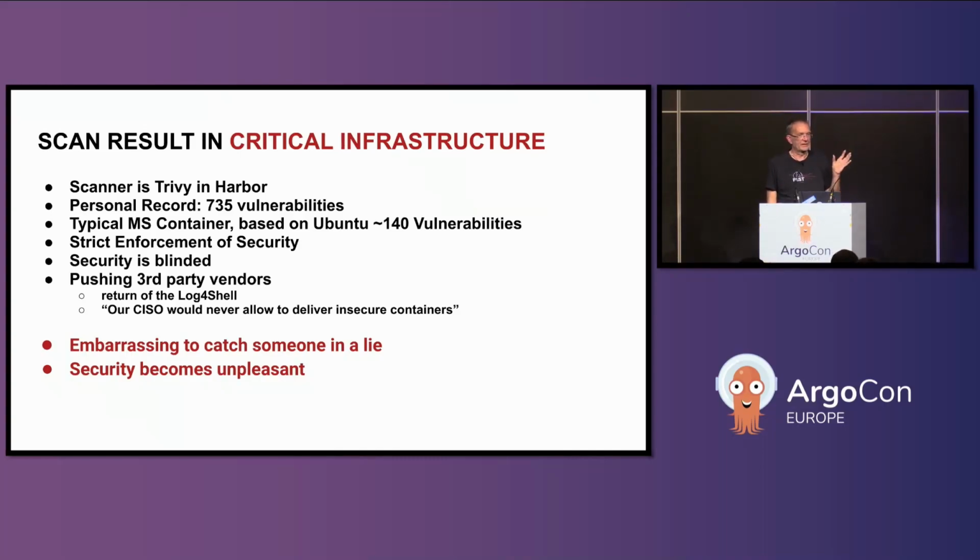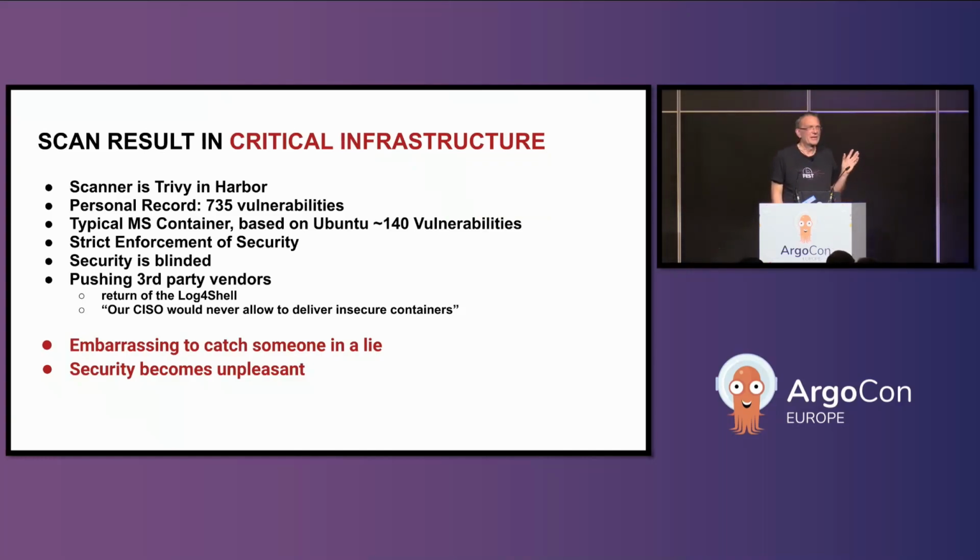So in some of these containers you find development tools. This 735 vulnerabilities means we had a development environment in that container, which is unnecessary. And typically you have two versions of Python, which is unnecessary.